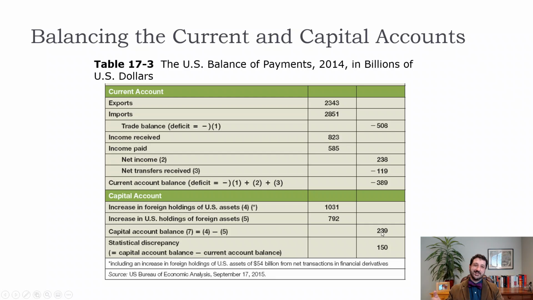Now, theoretically, this should match up with this 389 billion, right? It should be a positive 389, but it's not. And so our statistical discrepancy is 150. And a statistical discrepancy is just that. It's like, well, we measured something wrong or something else is going on. So keep that in mind, right? That there's $150 billion that we didn't quite measure correctly or something else is going on.